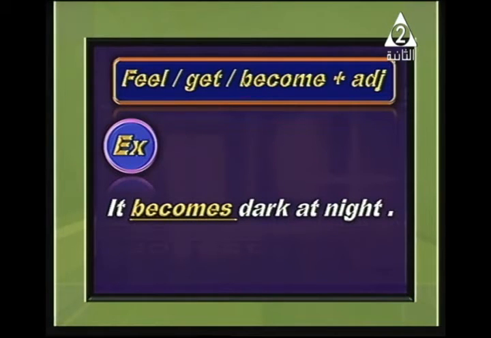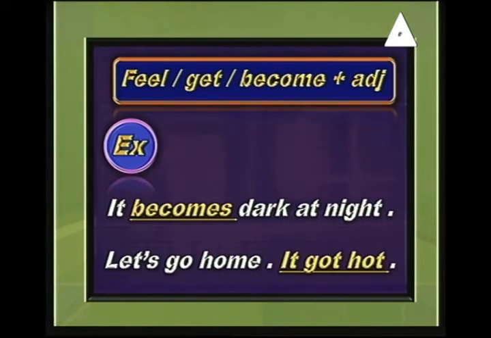It becomes dark at night. Let's go home. It got hot. Notice that feel, get, become are followed by an adjective, even in the past simple.